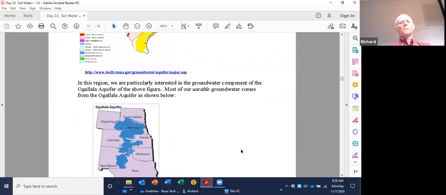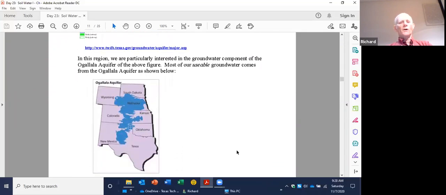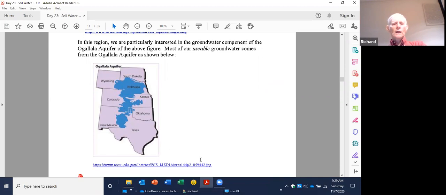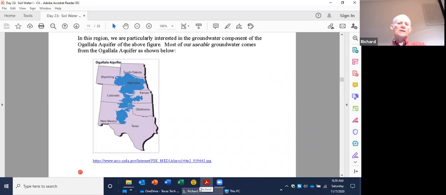In this region, we are particularly interested in the groundwater component of the Ogallala Aquifer. I'm assuming that most of you are from the Lubbock area and would be most interested in the Ogallala Aquifer. The Ogallala Aquifer is shown below. It covers about 8 states, from Texas, New Mexico, Oklahoma, Kansas, Colorado, Nebraska, South Dakota, and Wyoming.